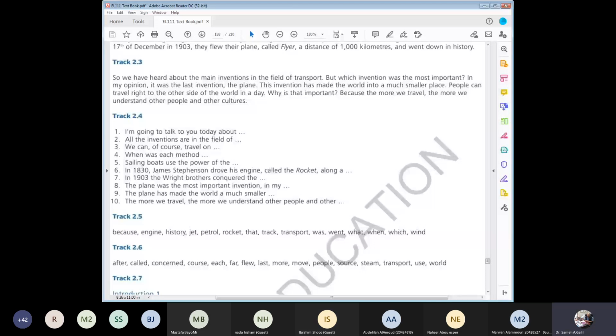So we have heard about the main inventions in the field of transport, but which invention was the most important? In my opinion, can you think of something else other than in my opinion that we have taken today? In my opinion. I consider.